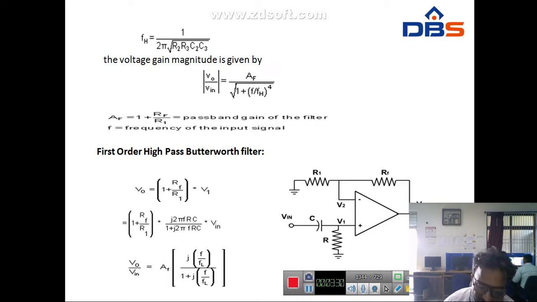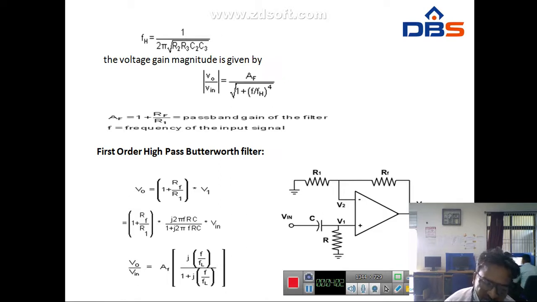For the first order high pass filter, the output voltage V0 is equal to (1 + RF/R1) times V1, which is equal to (1 + RF/R1) times j2πfRC/(1 + j2πfRC) times V1. We already determined these values for the low pass filter, and here we have to interchange the R and C components.